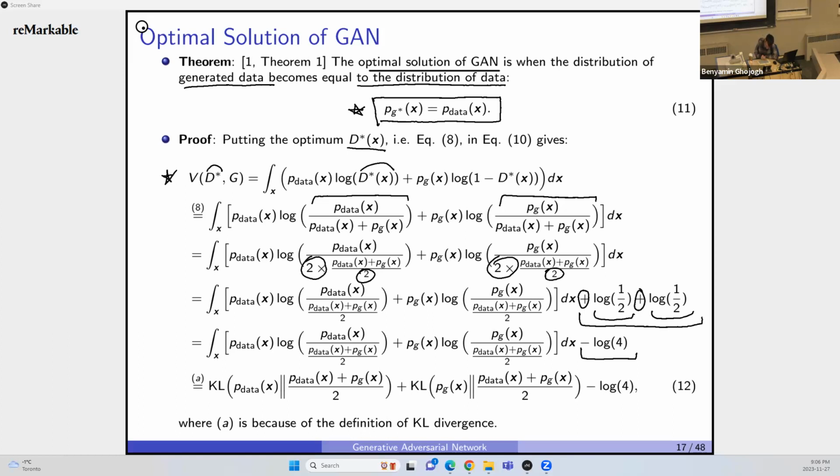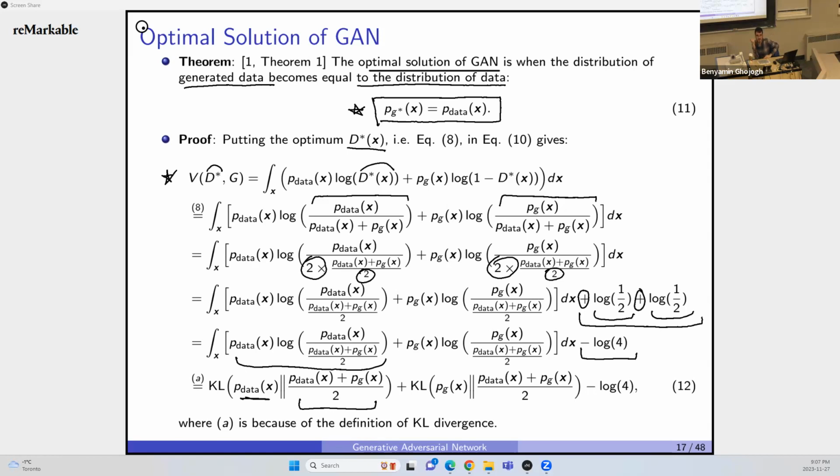What is this? The integral of this is the definition of KL divergence between this and this. KL divergence is a measure of the difference of two distributions. It's not a distance because it's not symmetric. But when the two distributions are completely equivalent to each other, if and only if the KL divergence is 0.